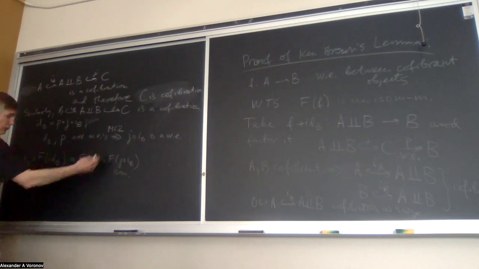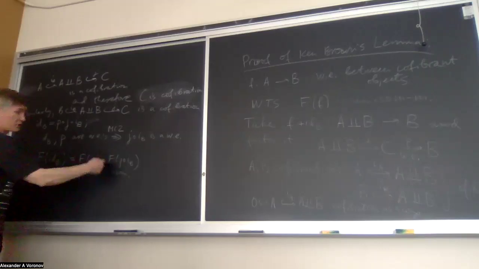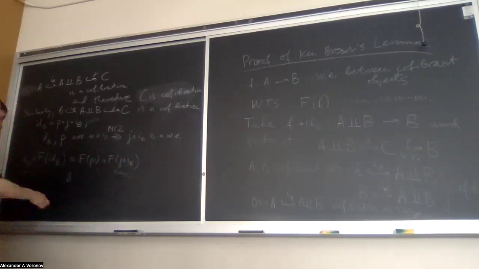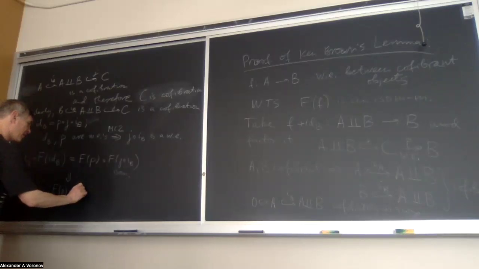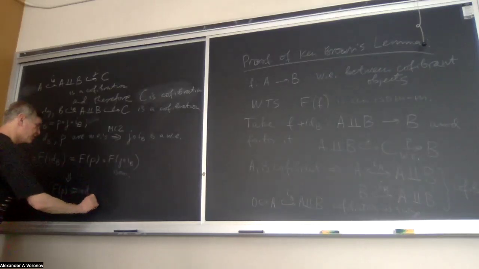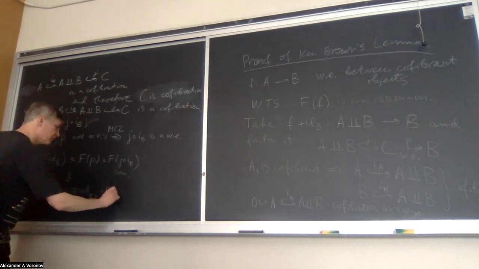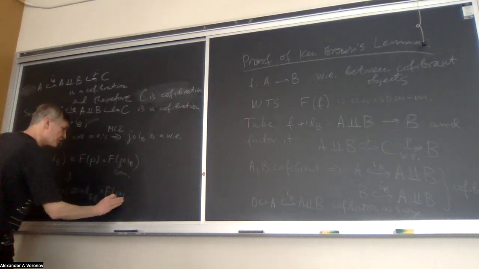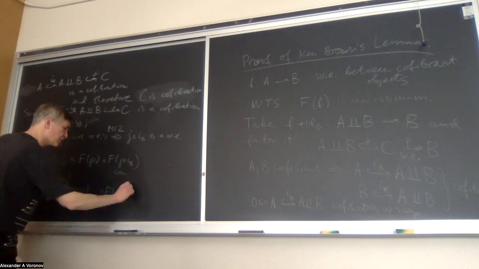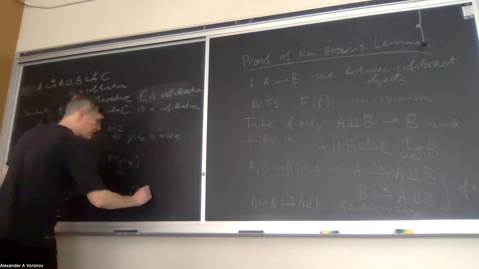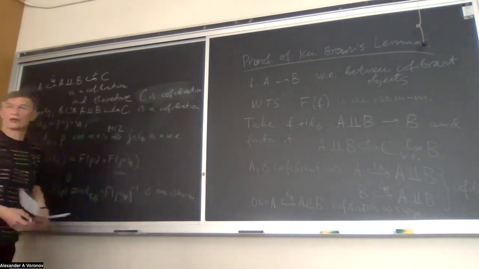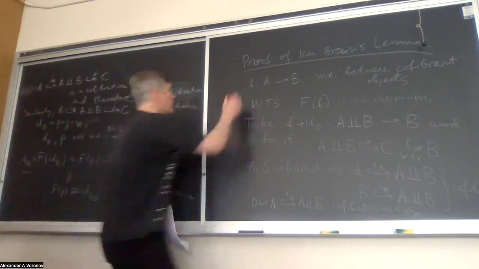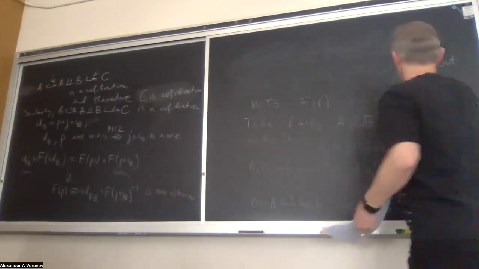Then we know that F of P, the isomorphism may be inverted, so we know that F of P is also equal to the identity of F P composed with the inverse. This comes with the F of J composed, is an isomorphism. It's invertible. So F of P is an isomorphism.